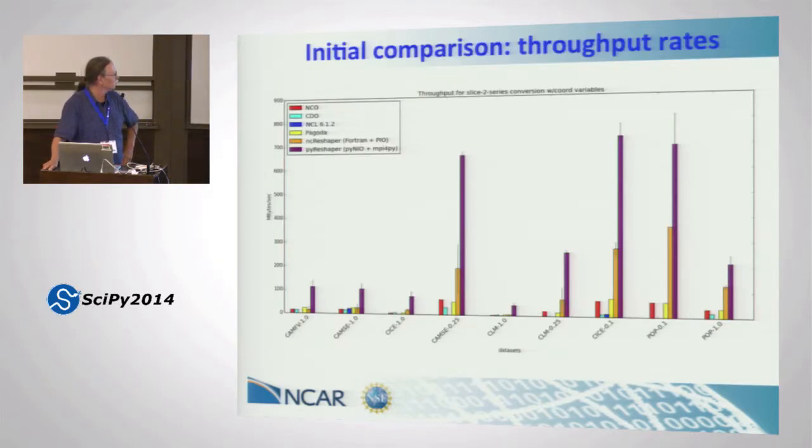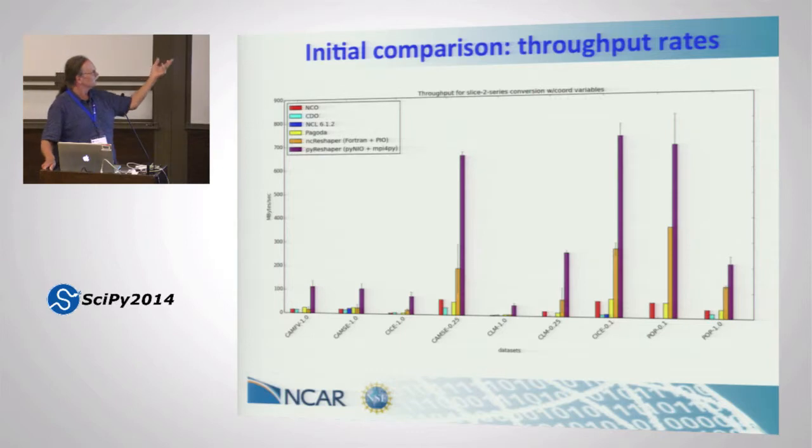So here was the initial comparison, and now this is throughput, so that means the highest bars are doing the best job, the fastest job, and it was surprising actually to everybody that this simple combination of PyNIO plus MPI for Pi did a significantly better job, and you can see it's quite a bit faster.